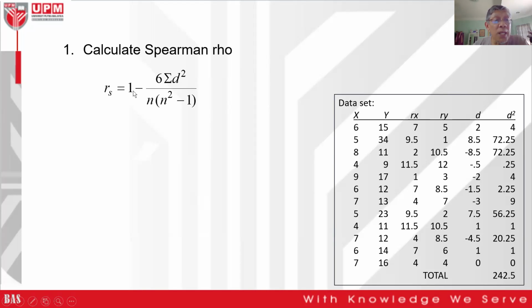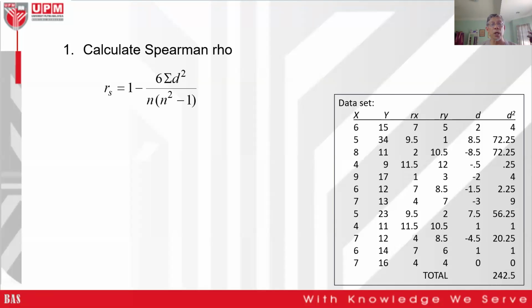The 1 is separate: 1 minus, and then 6 summation D square divided by n square minus 1. So make sure you copy the formula correctly. Otherwise, if you combine 1 minus 6 summation D square, the whole thing divided by n square minus 1, the formula is totally different.